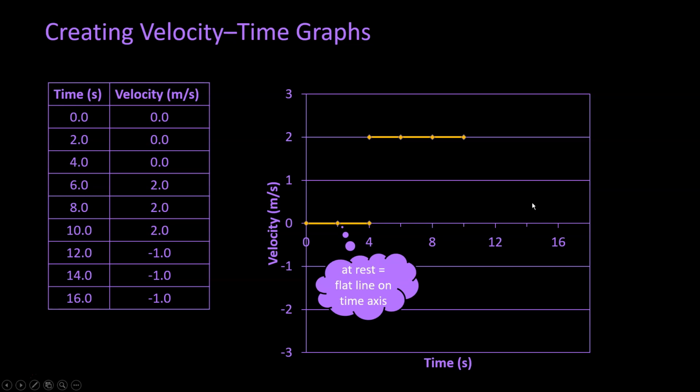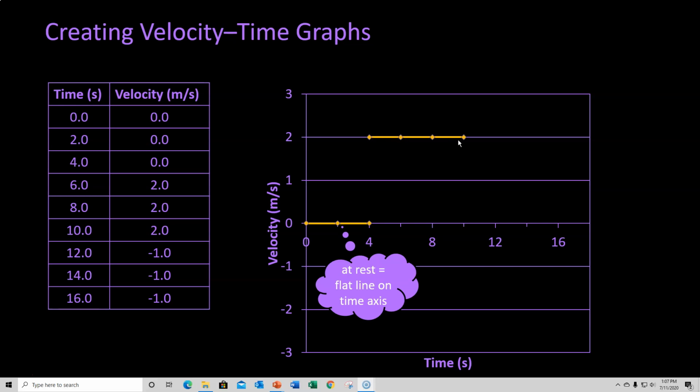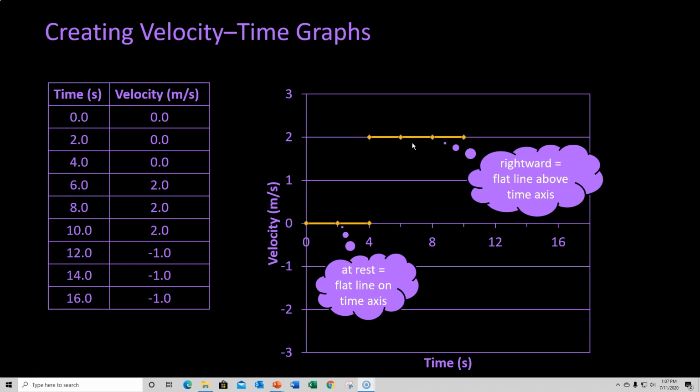Okay, we'll continue on. From the end of the 4th second to the end of the 10th second, the object was traveling at 2 meters per second. Notice that when the object is moving in the rightward direction, the velocity line is above the time axis in what we might call the positive region. Let's move on.